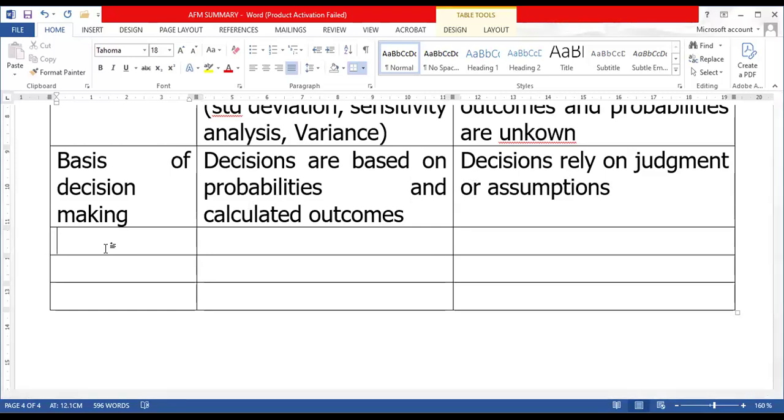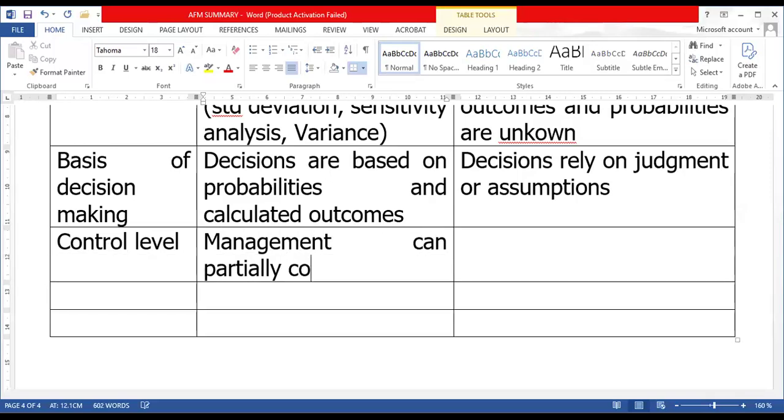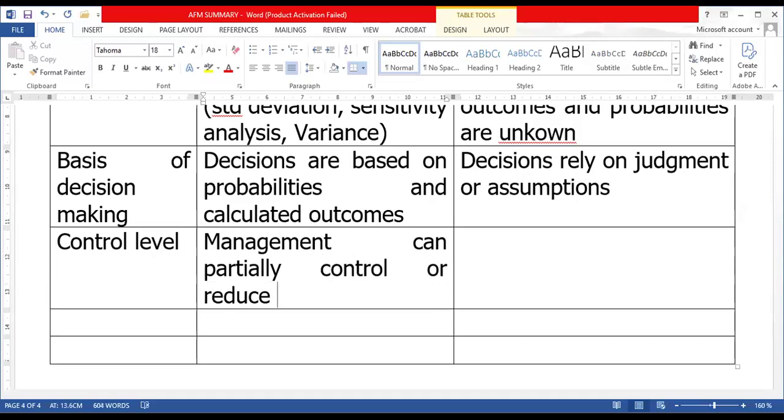It's not something that you're going to base on the probabilities or on the calculated outcomes. Then what about the control level? When you're looking at risk, management can partially control or reduce the risk.